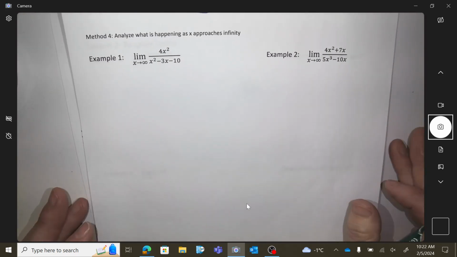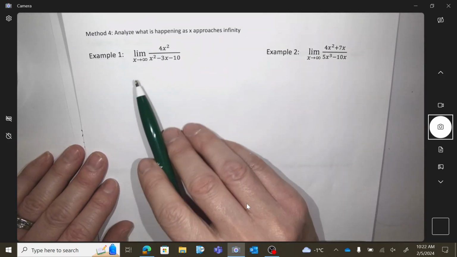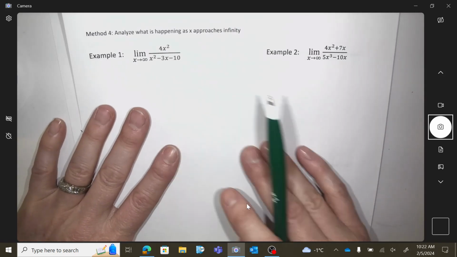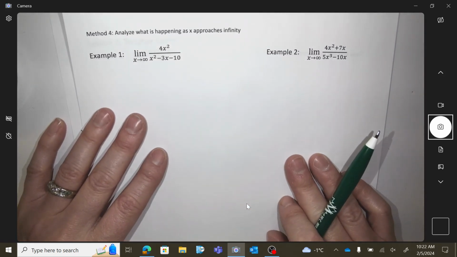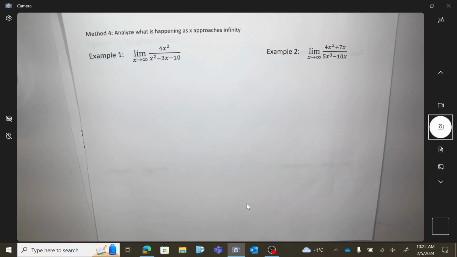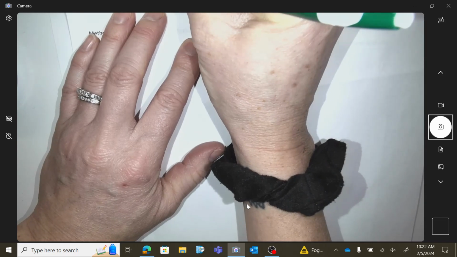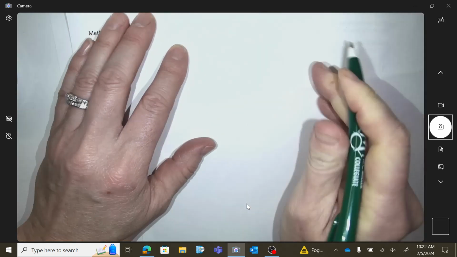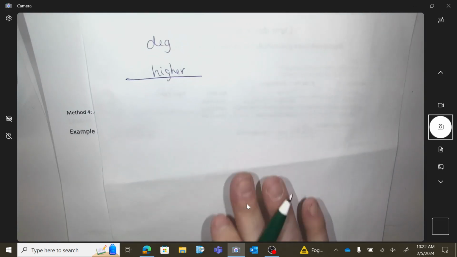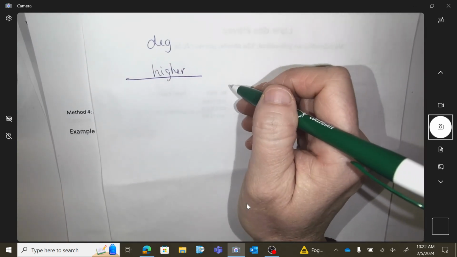Okay, analyze what's happening. Here's what's going to go on. You have to remember your rules from rationals. Should we write them down? Do you remember them? Rational rules. What do we know? What if the degree is higher on the top? You don't have any restrictions, right?